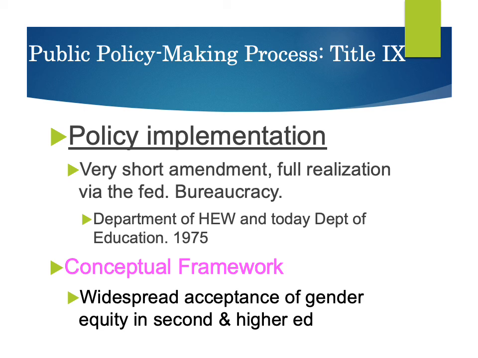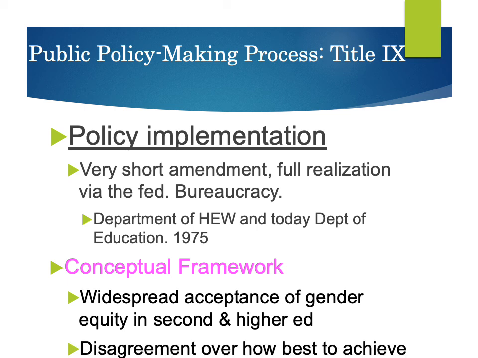There were questions about whether textbooks needed to be evaluated to see whether they were reinforcing gender stereotypes and promoting discriminatory attitudes towards men or women. They decided not to do that in terms of implementation. But when it came to scholarships and sports, there was a lot of discussion about what role football should play, etc., and decisions were made. So those are just some examples of the way in which Title IX was implemented.